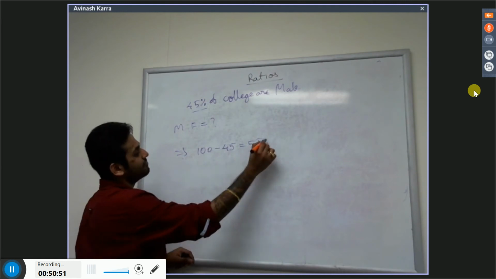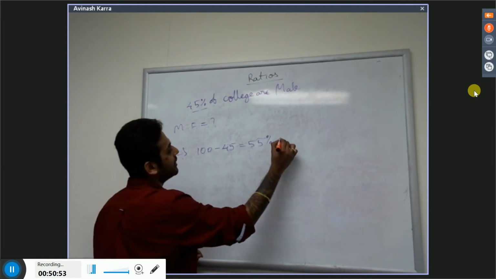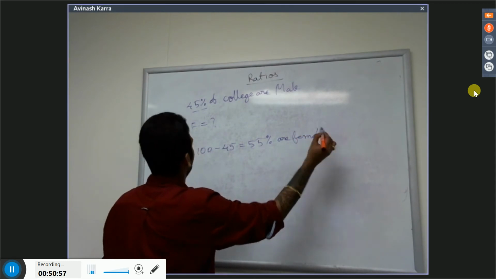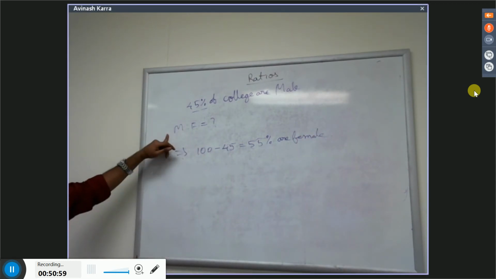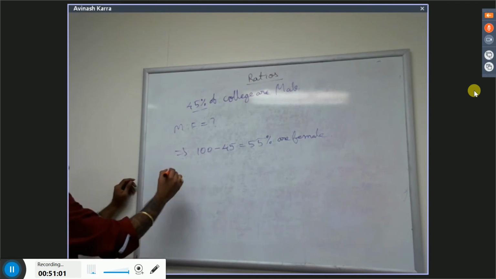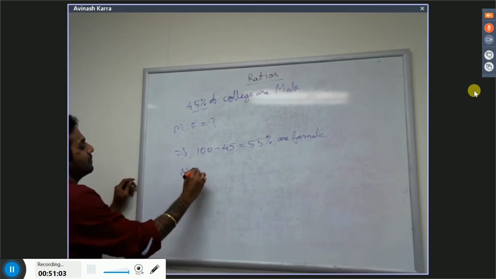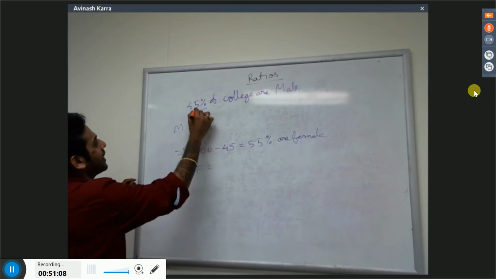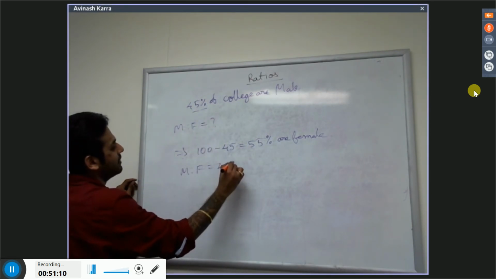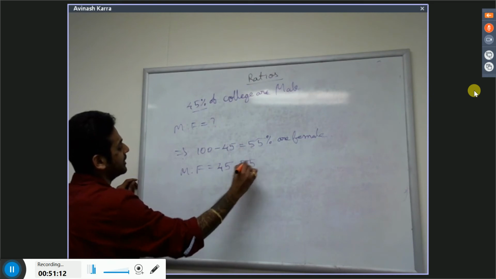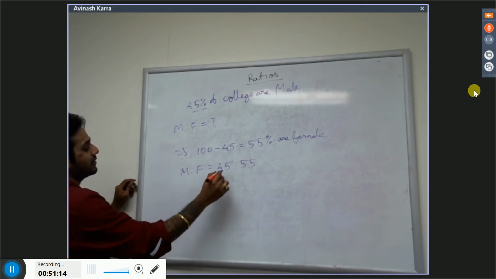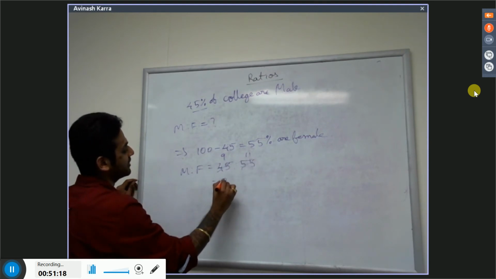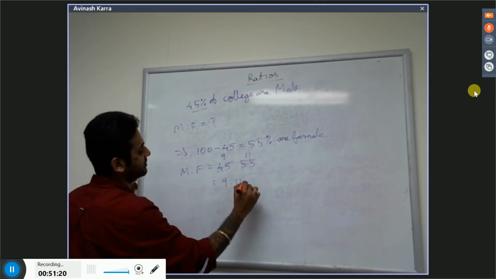So 55% are female. Then how to find the male to female ratio? M is to F is equal to 45 is to 55. Simplify it. 5 9s are 45, 5 11s are 55. 9 is to 11 is the ratio.